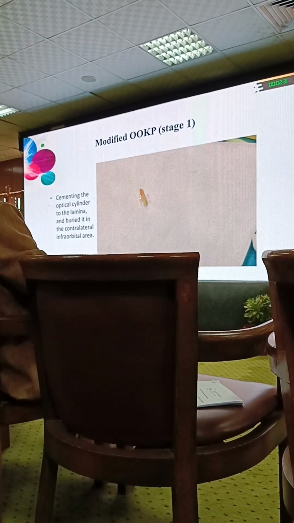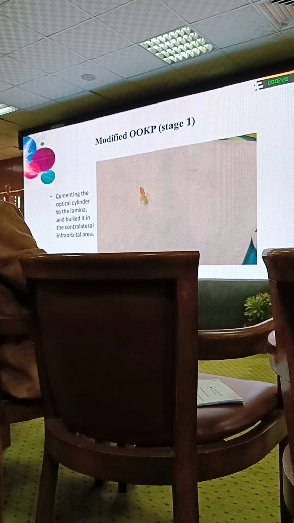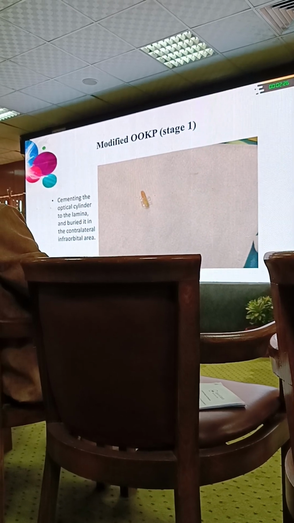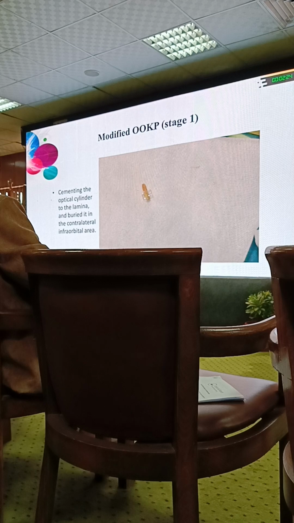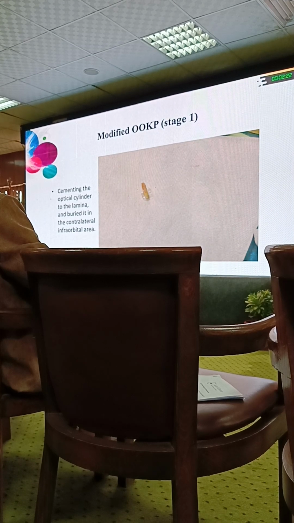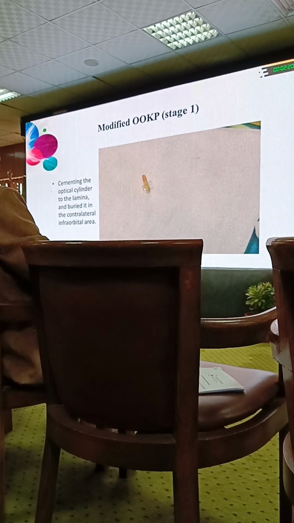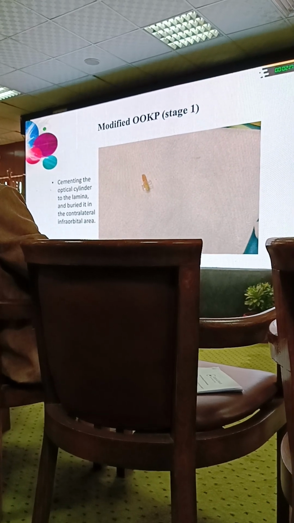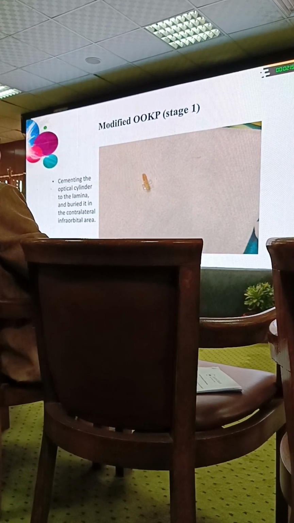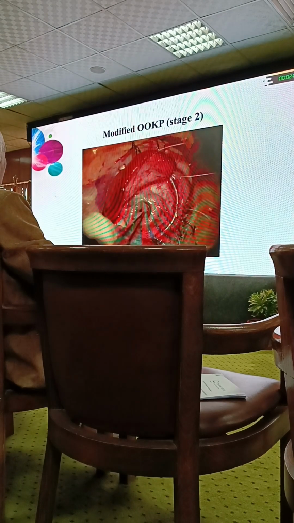Through this hole, we cement the optical cylinder and bury this complex in the infraorbital area of the other eye so that tissues can cover the bone. We leave it for 3 months before doing the stage 2 procedure.